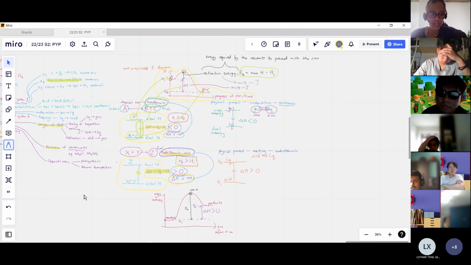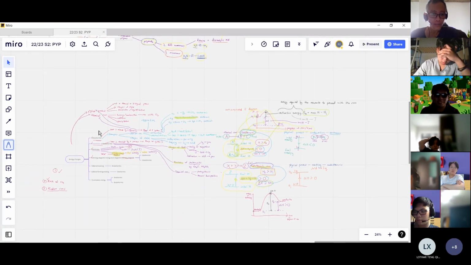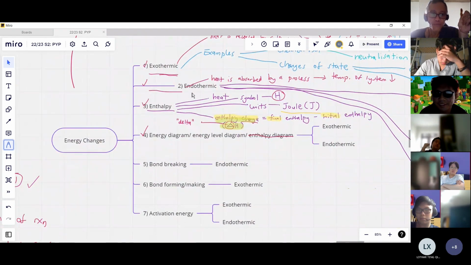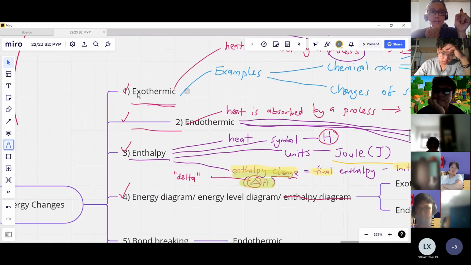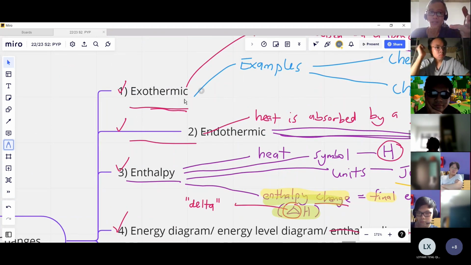So just a very quick summary of what we've done today. We have gone through the topic on energy changes. Number one, first concept, make sure you know the word exothermic. Heat is produced, temperature rises.